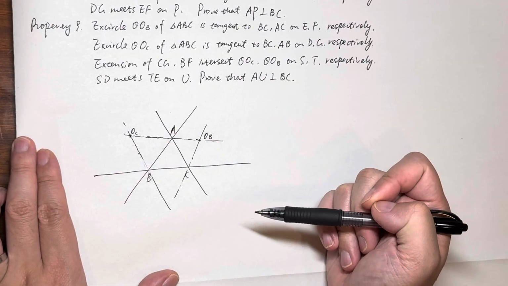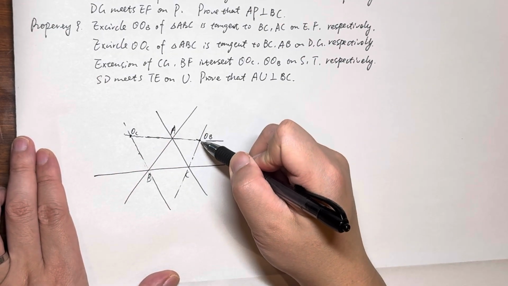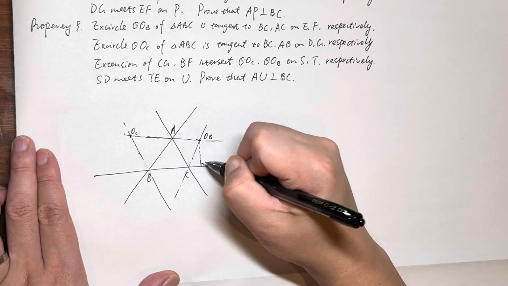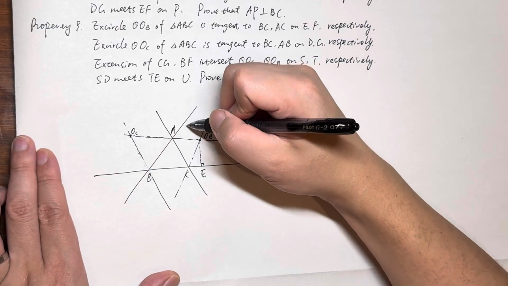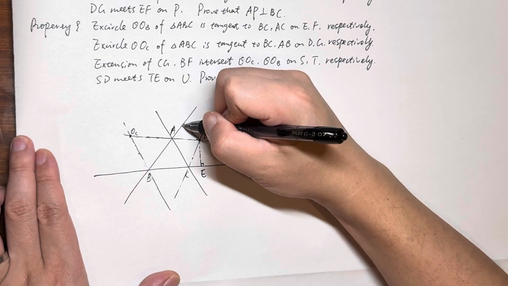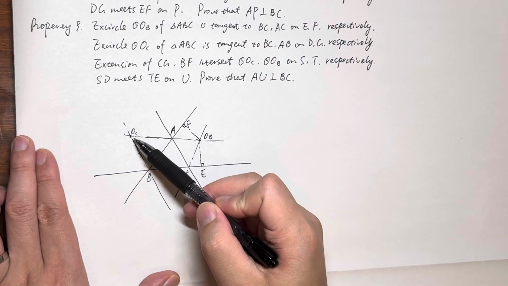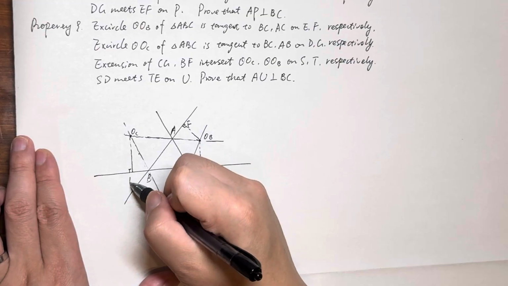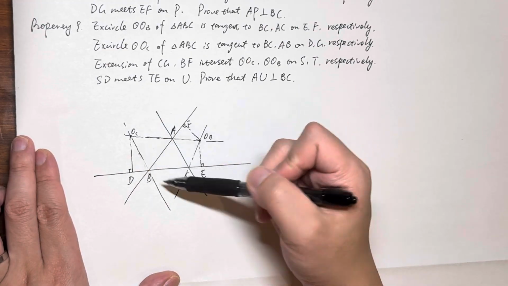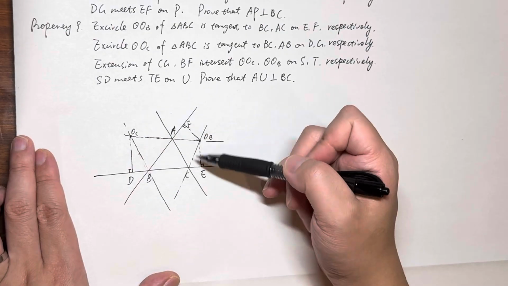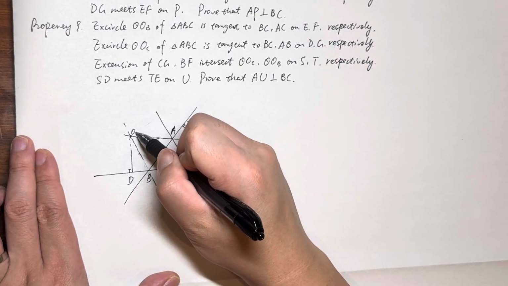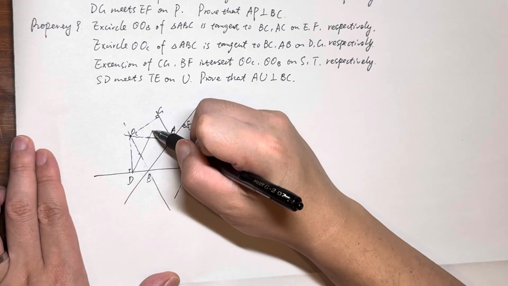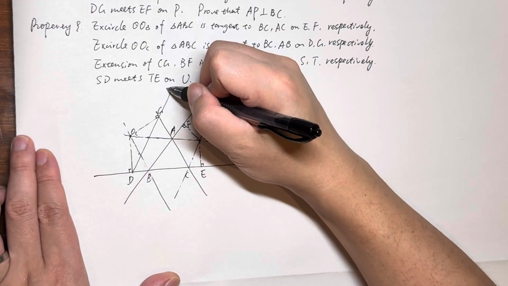Now we have our triangle and excenters. We know that OB is tangent to BC and BA at point E and point F. And OC is tangent to BC at point D, and circle OC is tangent to AC at point G. Now we want to connect DG and we want to connect EF.